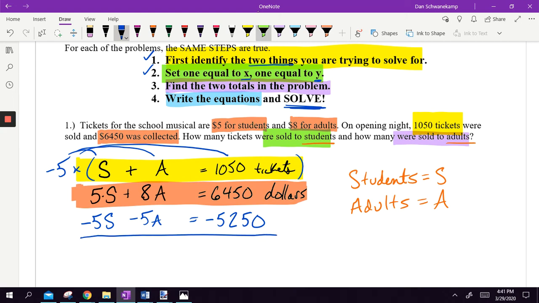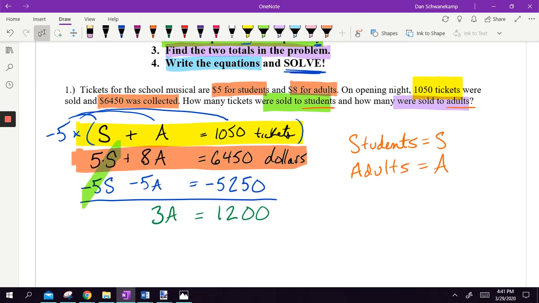So the S's are going to cancel like I wanted them to. 8A minus 5A is going to get me 3A, which basically represents that $3 more per adult. And then 6,450 minus 5,250, that's going to get me 1,200. Great, 3A equals 1,200. We are then going to divide by 3. A equals 400.